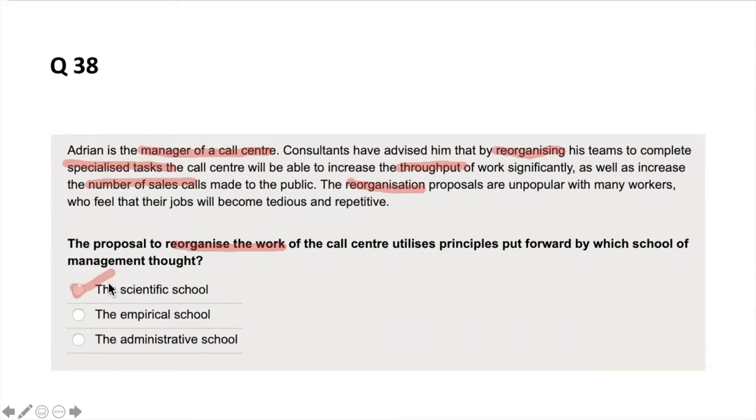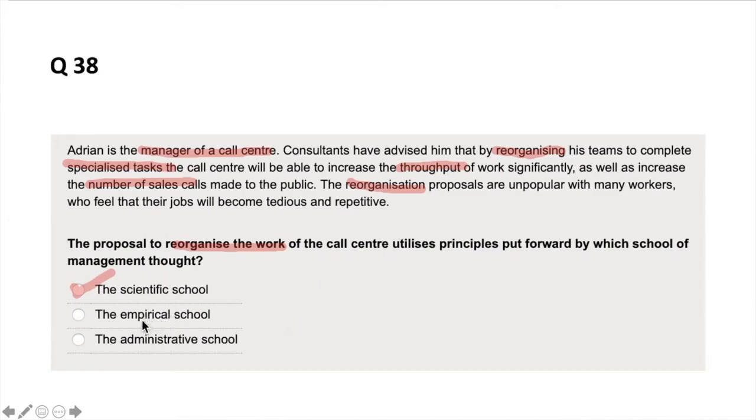It was defined mainly as the systematic study of work methods, and that's what people tried to do during that era. The reason why the other theories are not correct is because the administrative model has to do more with management. It wasn't as scientific, and it happened, of course, later in the 1940s, while the empirical school was mainly based on research.